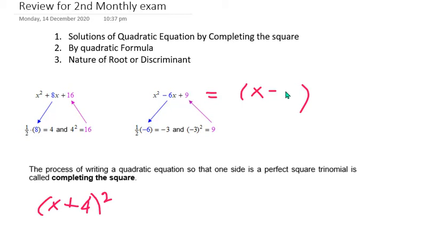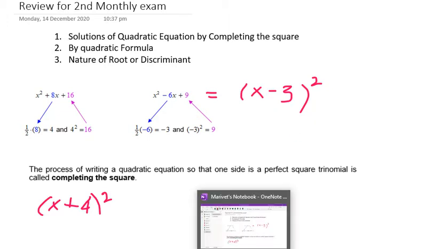Then we square it. So 1/2 of 6 is 3, and then we square this. So this is now in the factored form. And the process of writing a quadratic equation so that one side is a perfect square trinomial is called completing the square.